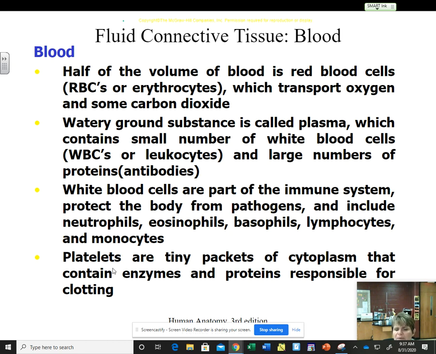And then the other component of your blood, besides the red blood cells and white blood cells, are platelets. Platelets are tiny, tiny, tiny. We'll look at them in a second. They contain enzymes that are responsible for clotting your blood. For example, if you know someone who is a free bleeder, who has hemophilia, which is the actual name for that genetic disorder, the enzymes in their platelets don't function properly, and therefore their blood doesn't clot like it should.